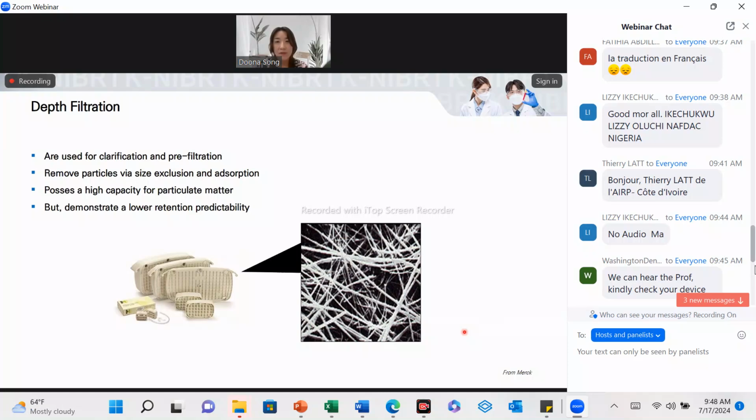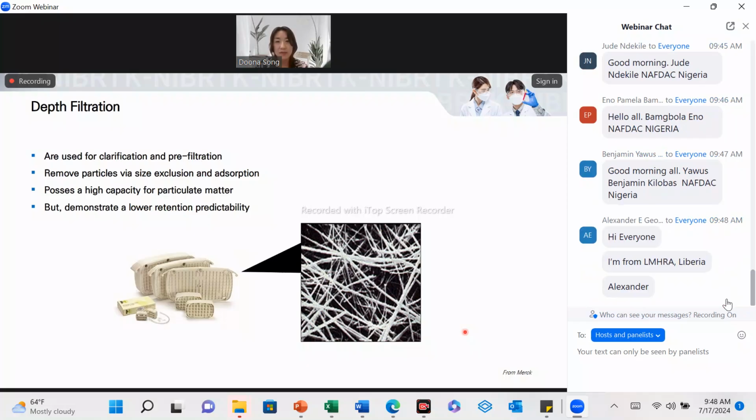Instead, they have a thick, porous structure made of many layers, and this complex structure allows it to trap particles throughout its depth, not just on the surface. As the liquid flows through the filter, particles get trapped within the multiple layers, and this makes depth filters very effective at capturing a wide range of particle sizes.